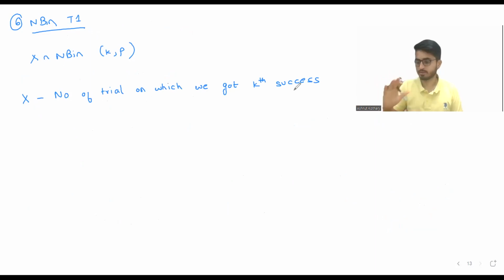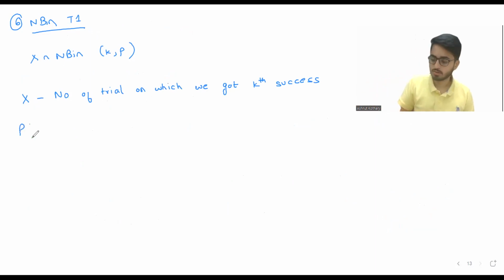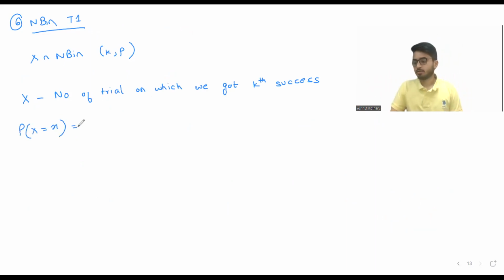Now let us try to see. First I will take an example to show you the structure. If I say that I got my sixth success on the 10th trial, then can we say that in the first 9 trials we had 5 successes and 4 failures?